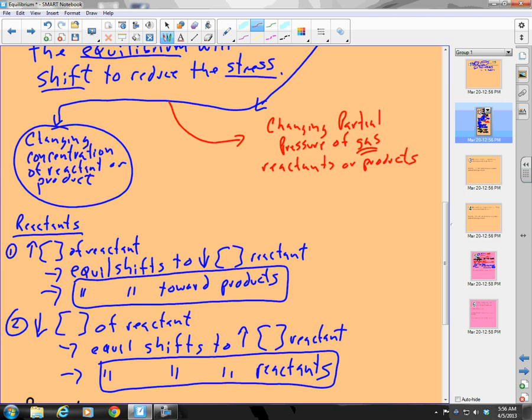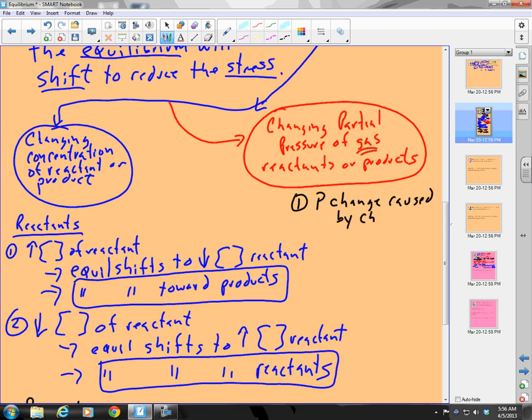Okay, now we have to be a little careful here. We're talking about partial pressure, and that means this is not all pressures. First of all, this is a pressure change caused by change in volume. I could also change my partial pressure by adding more of the product or reactant, but that's already being covered over here in changing concentration.